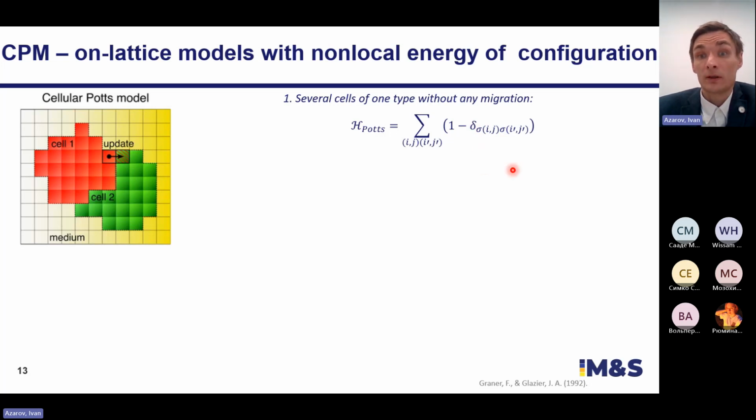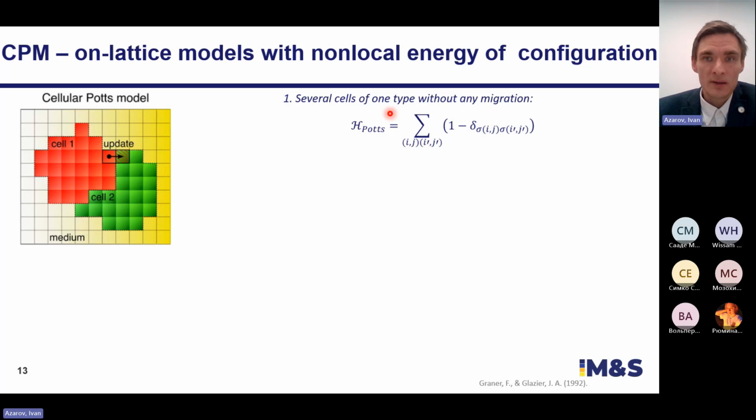It means that we should take into account only the surface energy between elementary sites of different cells, of different biologic cells. I mean, if we have in the Kronecker symbol two same sigmas, we obtain that this energy equals 0.